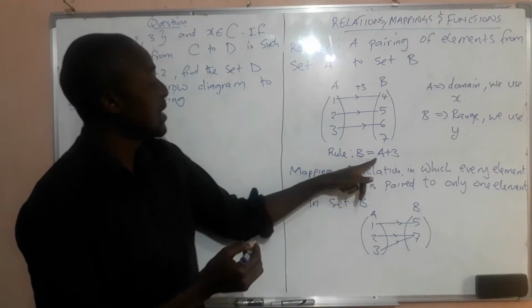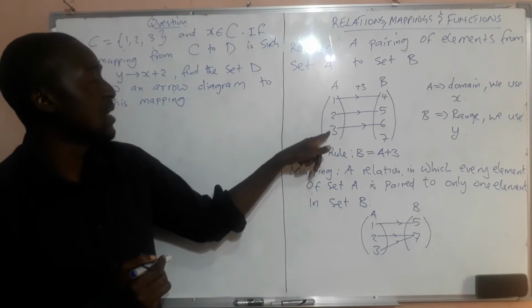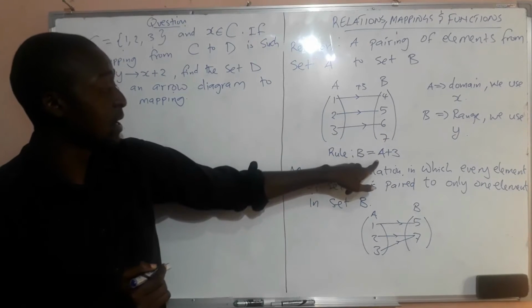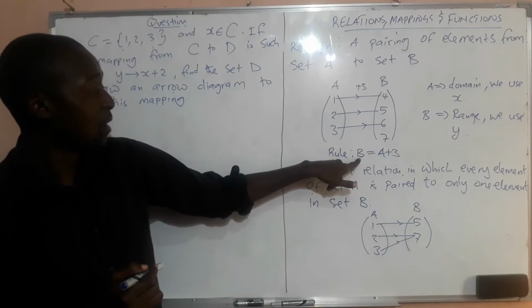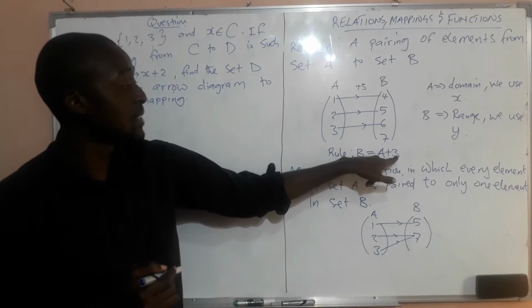So this A here represents all the numbers that are here. When you add 3 to each of the numbers here, that's how we get the numbers that we have in B. So the numbers in B are found by adding 3 to the numbers in A.